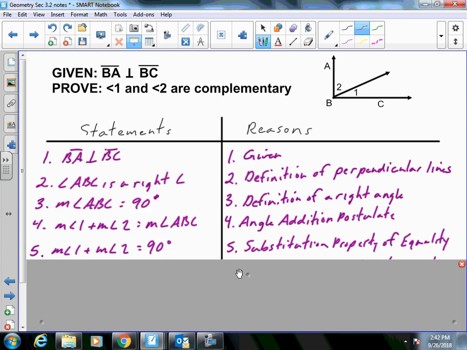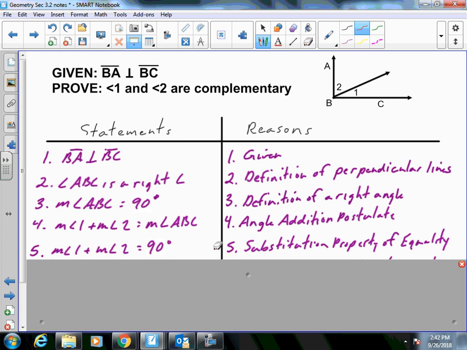And since the measure of 1 plus the measure of 2 equals 90 degrees, what's that tell us about angle 1 and angle 2? They're complementary by what reason? Anybody know? What tells us that if two angles add up to 90 degrees, they're complementary angles? It's not a theorem.